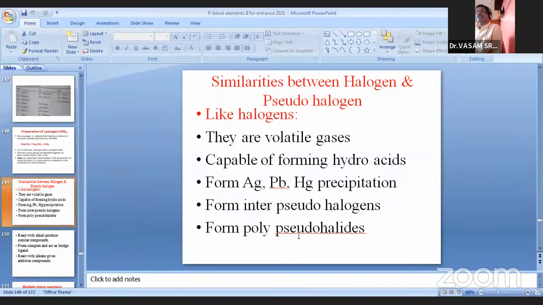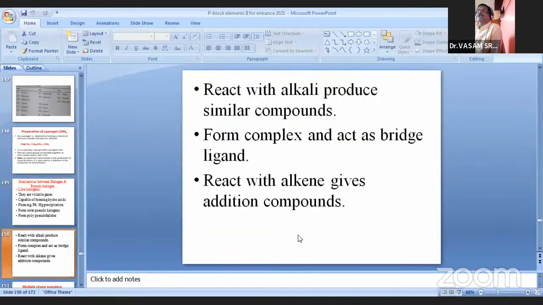Pseudo halogens are also capable of forming hydroacids. They also form silver, lead, and mercury precipitates. They also form inter-pseudo halogens, and they also form poly-pseudo halides. So these 5 properties are similar between halogens and pseudo halogens.